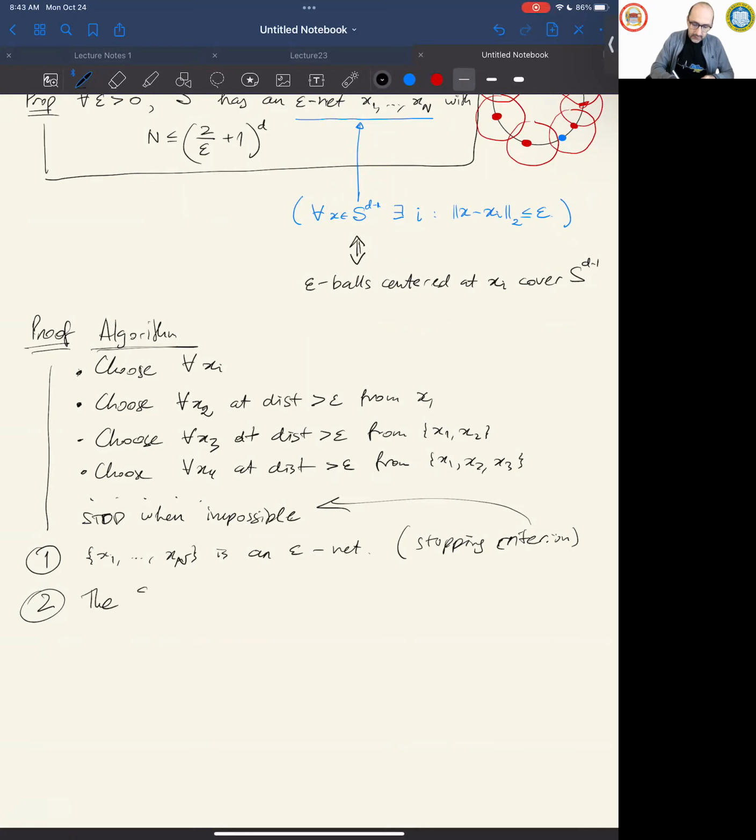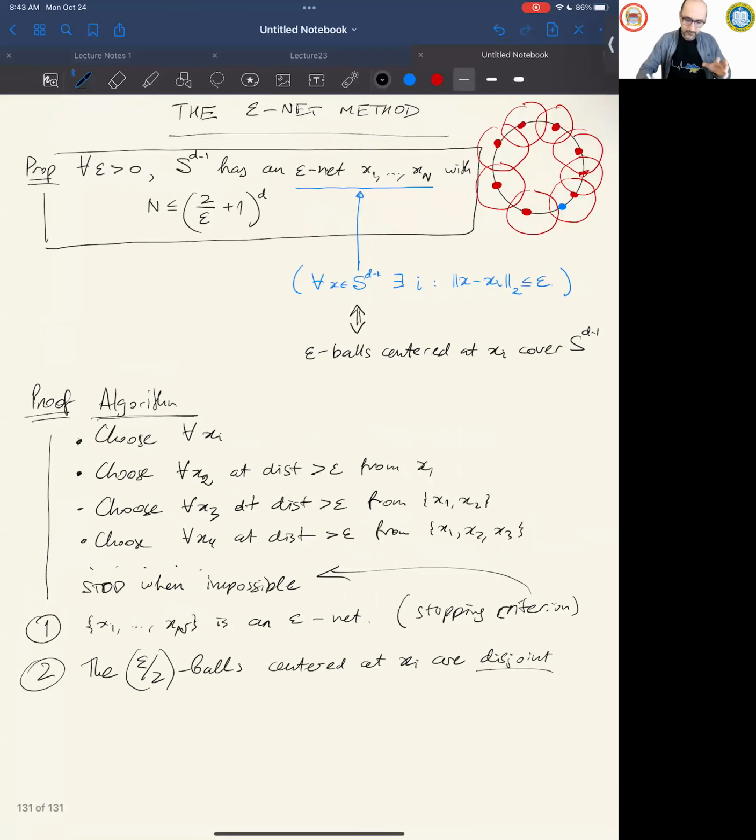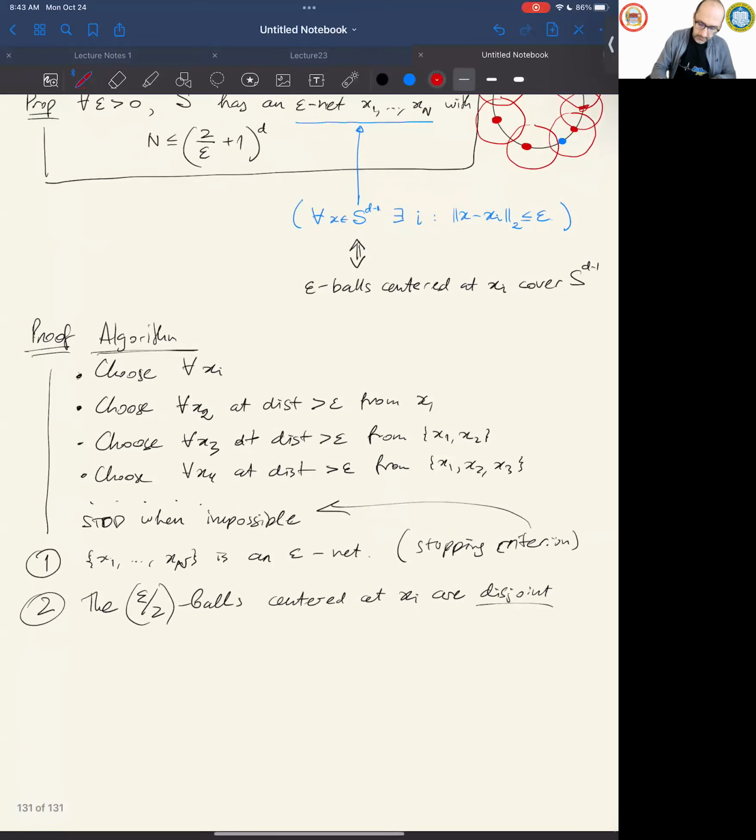Second claim: the epsilon over 2 balls centered at these points are disjoint. So we have one ball, let's say.